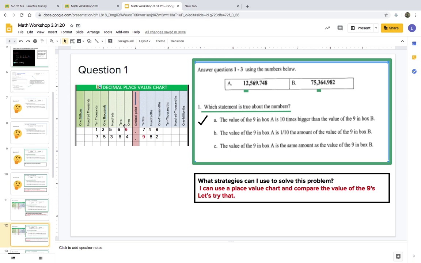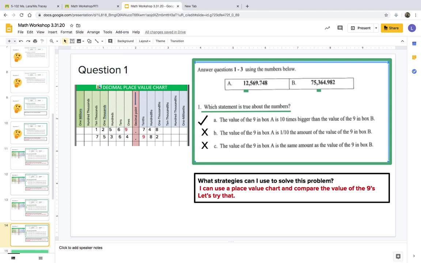The value of 9 is 10 times greater, right? So now, let me see. The value of the 9 in box A is 1/10. No, that's not right. The value of the 9 in box A is the same amount? No. So I was correct. My first choice was A and I was correct.